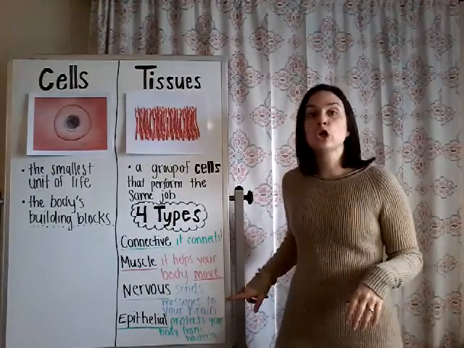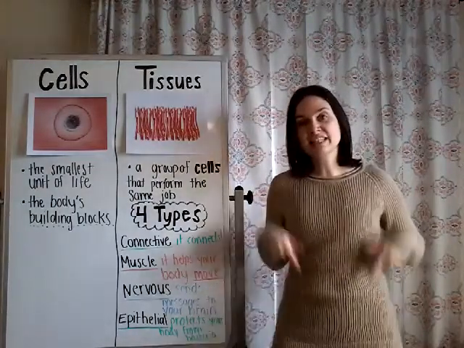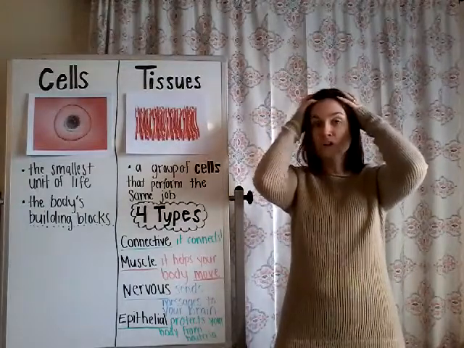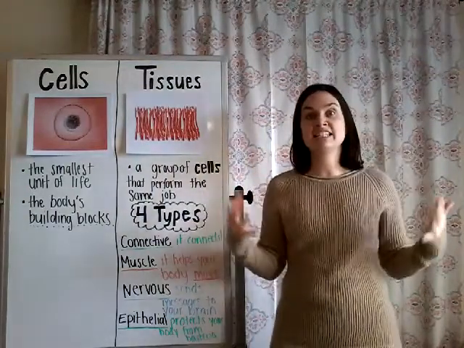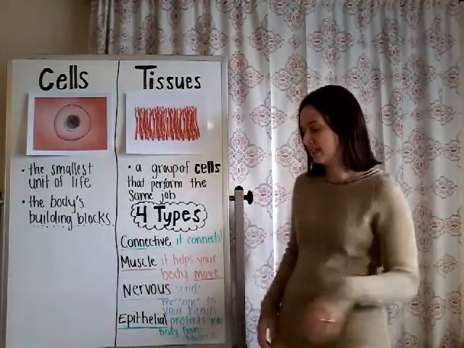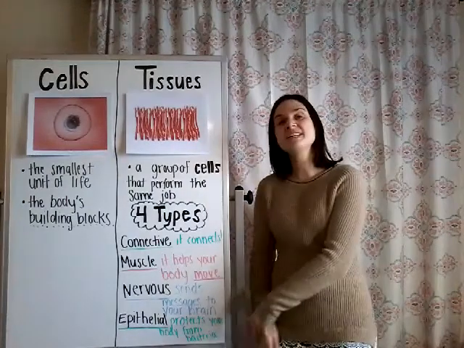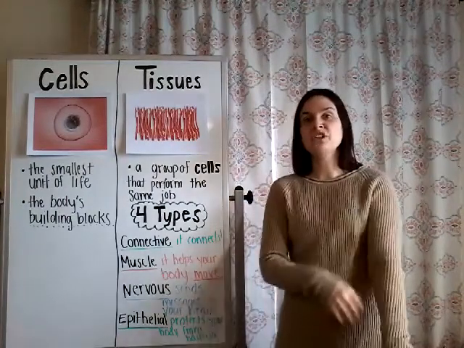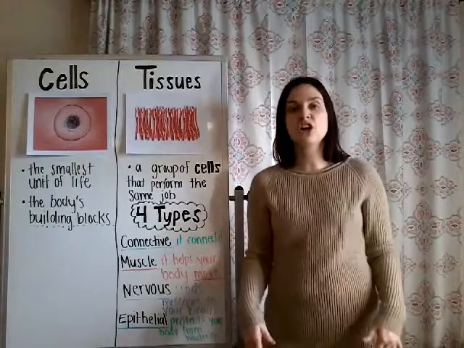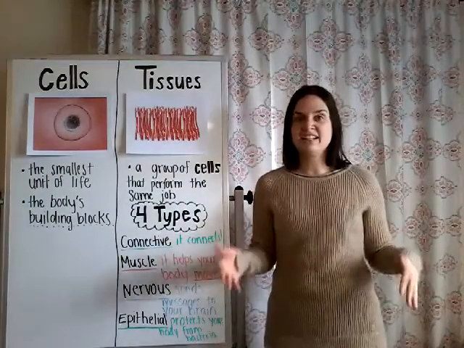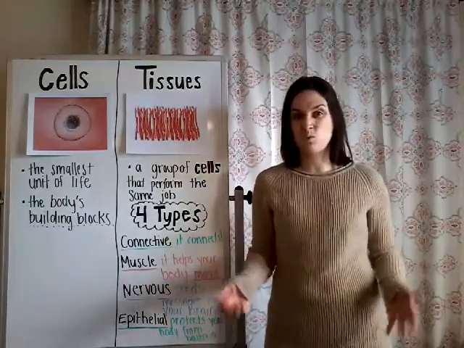The third one is the nervous tissue, which sends messages to our brain so that our body knows how to react to different things that are happening around us in the environment. And the last one is our epithelial tissue, which acts like armor that protects our bodies from germs or bacteria that we could find in the outside world.